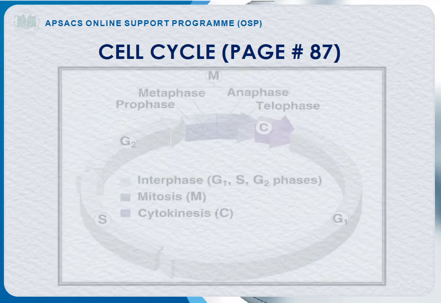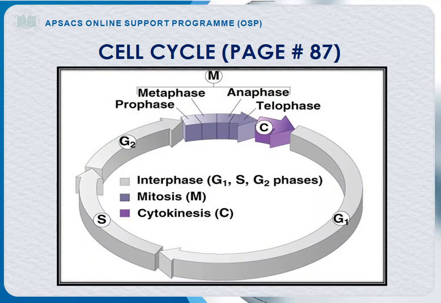Dear students, this is the schematic of the cell cycle. The eukaryotic cell cycle consists of four distinct phases: G1 phase, S phase, G2 phase, collectively known as interphase, and M phase, mitosis and cytokinesis.